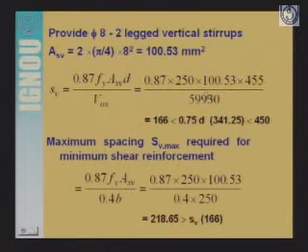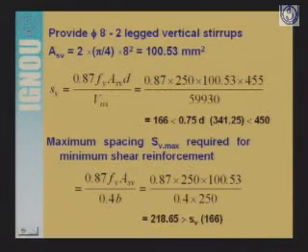Now the code also says that, with this much spacing, we can get the value of the shear reinforcement provided. But the code also specifies that minimum shear reinforcement should also be there. That limit should also be met. Limiting shear reinforcement means that the total shear reinforcement provided by us should be at least equal or greater than the minimum shear reinforcement.